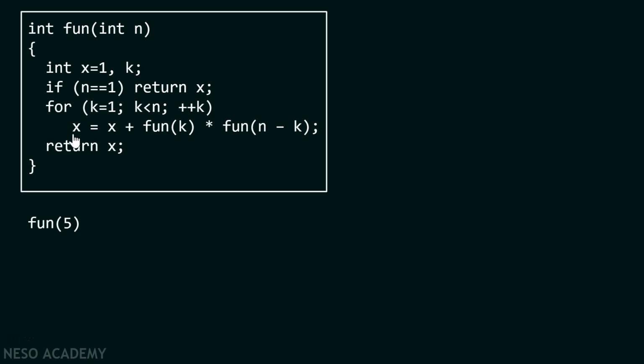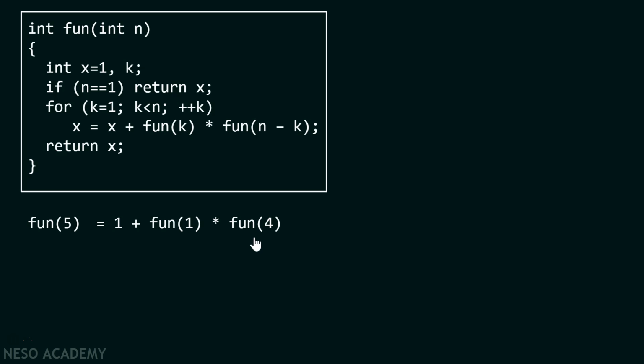I can write this statement as x equals 1 plus fun1 into fun4, because x is equal to 1 initially, k is also 1, and n minus k will be 4 because n is 5 and k is 1. 5 minus 1 equals 4. But what is x? x is the output of fun5. Therefore, I can finally say that fun5 is equal to 1 plus fun1 into fun4.